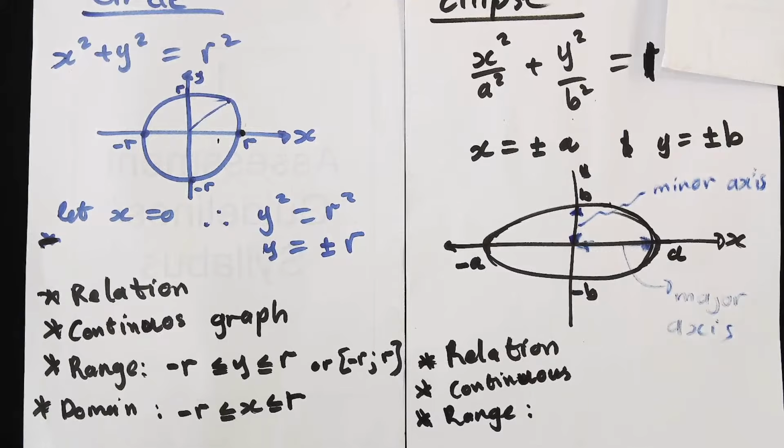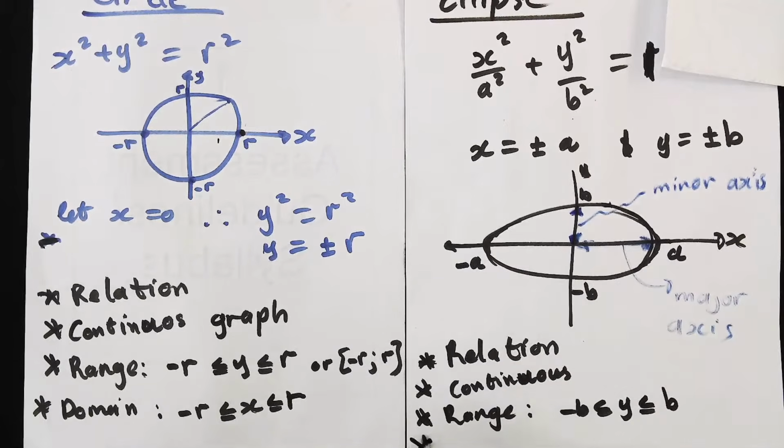So the range must be negative b, then y must be greater than or equal to minus b, or less than or equal to positive b. That is the range for that graph.